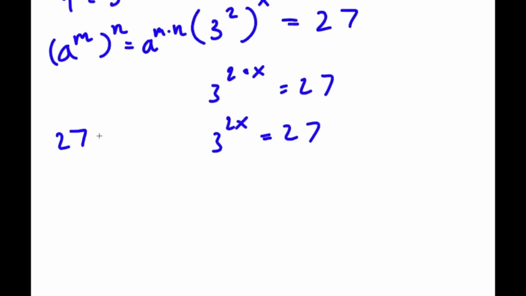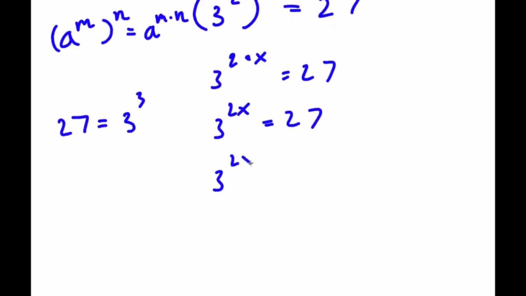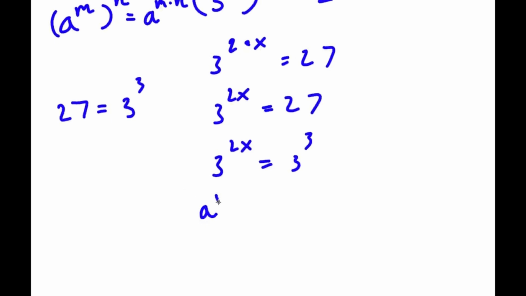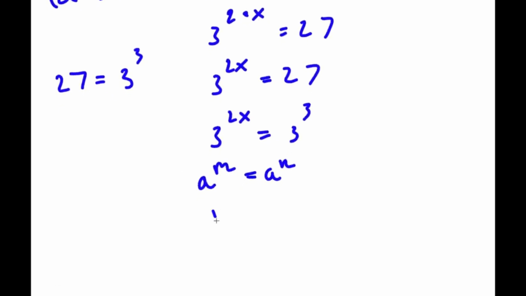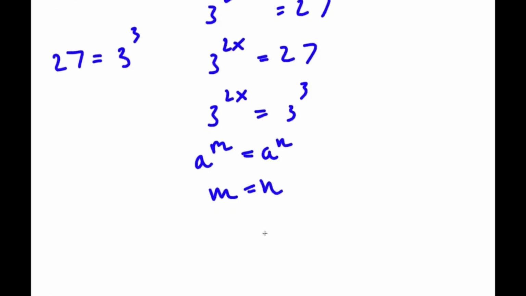Now 27 is the same thing as 3 to the power of 3. So I have 3 to the power of 2x is equal to 3 to the power of 3. And if I have something in the form a to the power of m is equal to a to the power of n, then this means that m is simply equal to n.